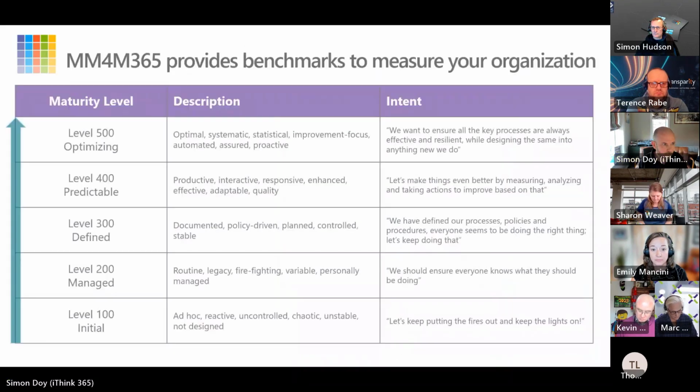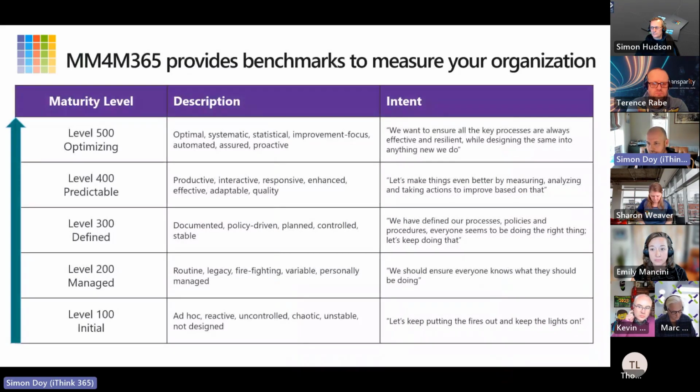So the maturity model has 5 levels of maturity, starting from level 100 up to level 500. Level 100 is that chaotic default state which an organization would have when they're switching on their competency.